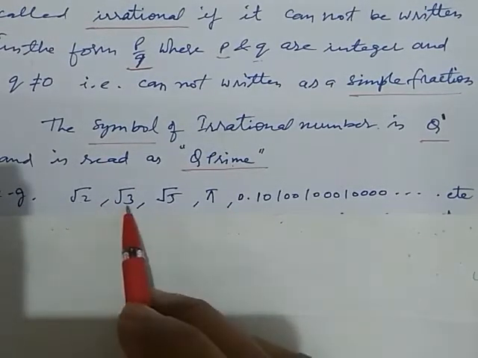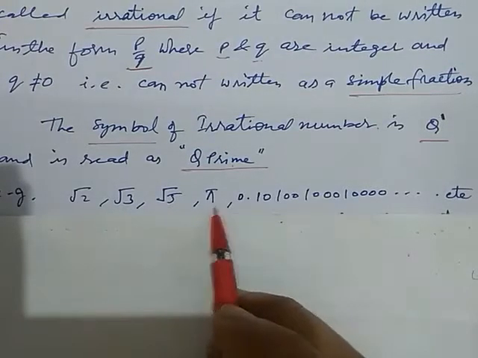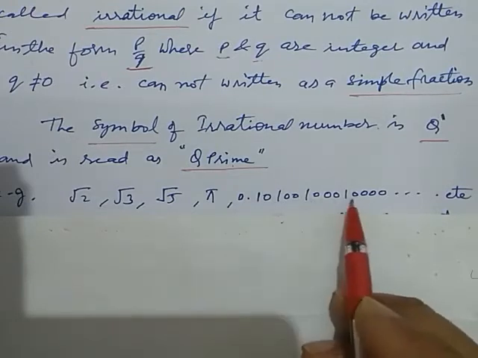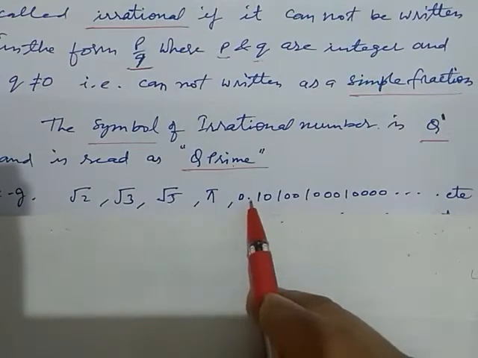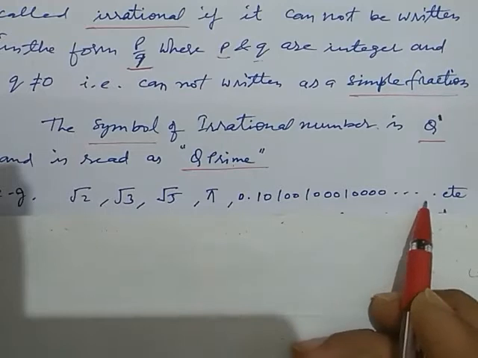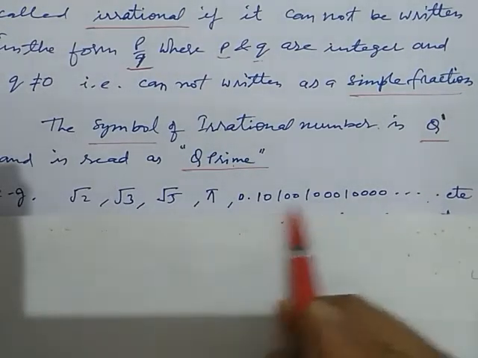We take some examples of irrational numbers: root 2, root 3, root 5, pi, and 0.10100100010000 and so on. Here you can see the digits are changing. They are non-terminating, but the digits are not repeating.